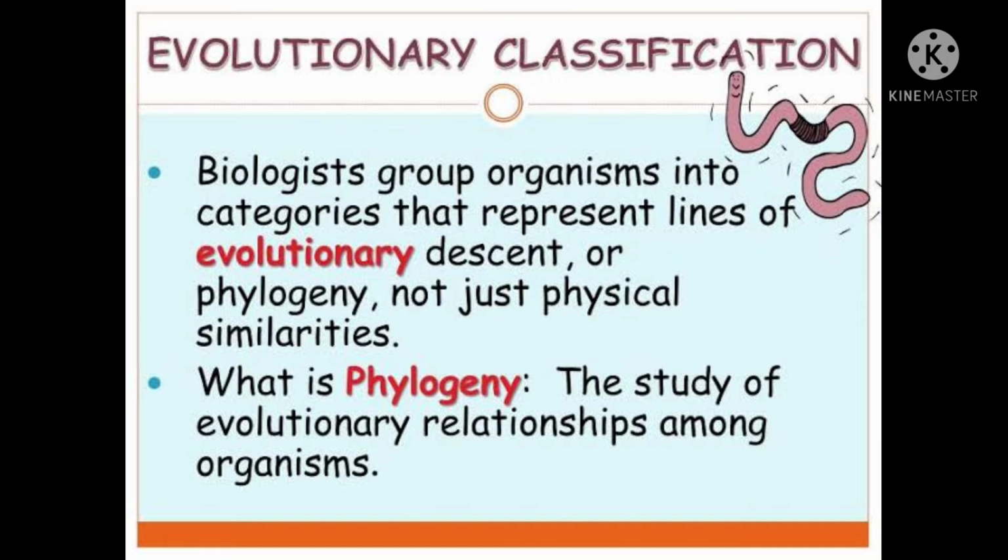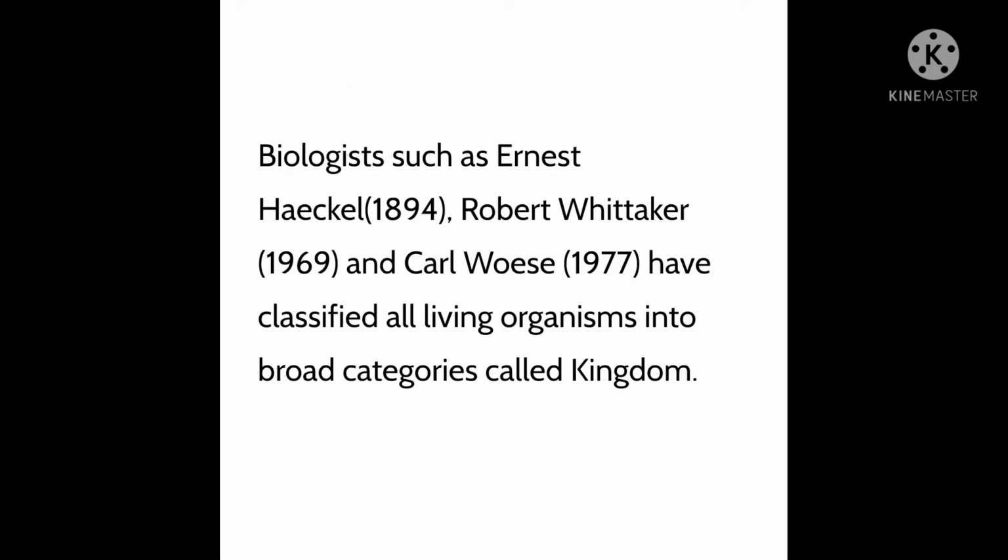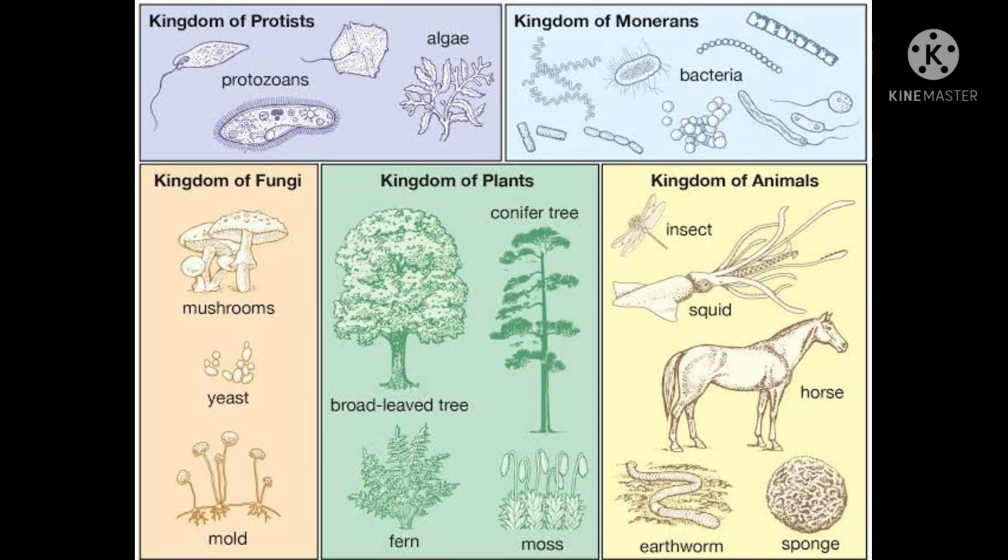After the evolutionary studies of classification, biologists such as Ernst Haeckel, Robert Whittaker and Carl Woese have tried to classify all living organisms into broad categories called kingdoms. The classification Whittaker proposed has 5 kingdoms, Monera, Protista, Fungi, Plantae and Animalia, and is widely used.